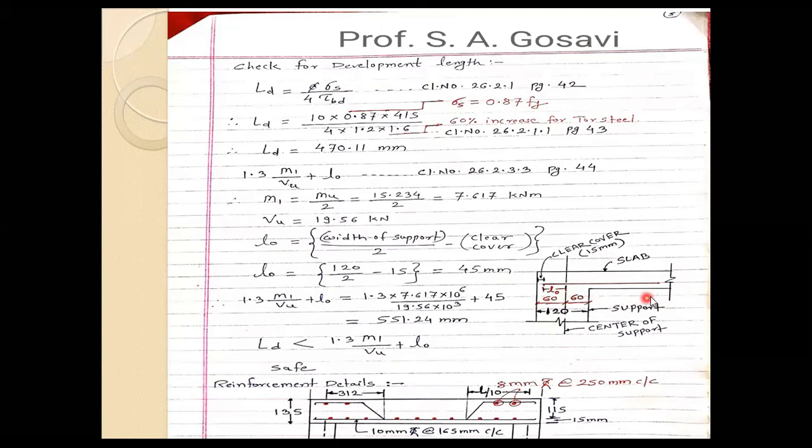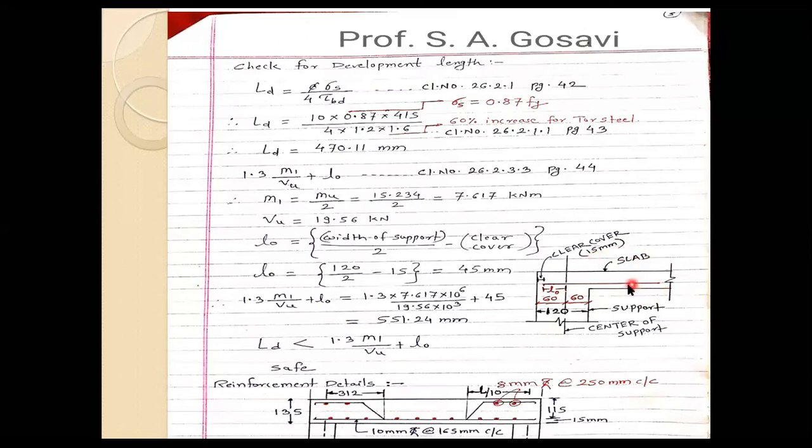The bar which is coming from this side will come up to this point. Whatever the length from the center to this point of the bar, that is L0. And whatever distance remains here is the clear cover of the slab. We have assumed 15 mm clear cover.